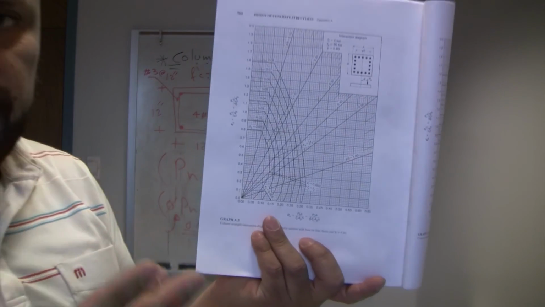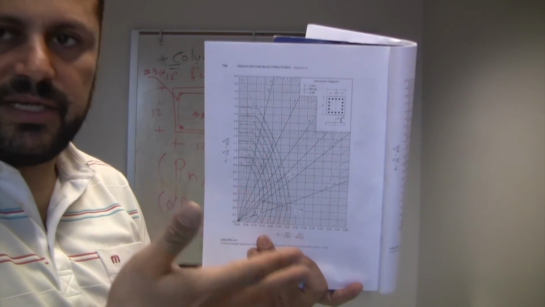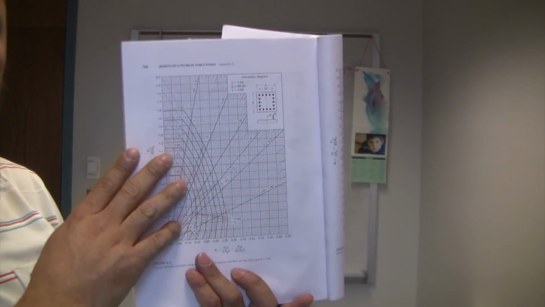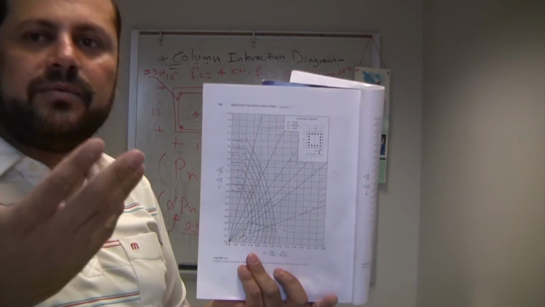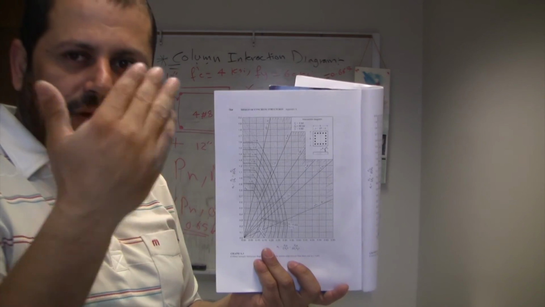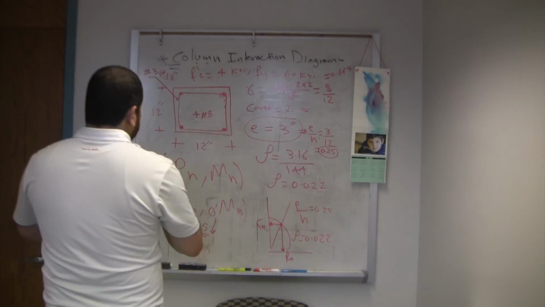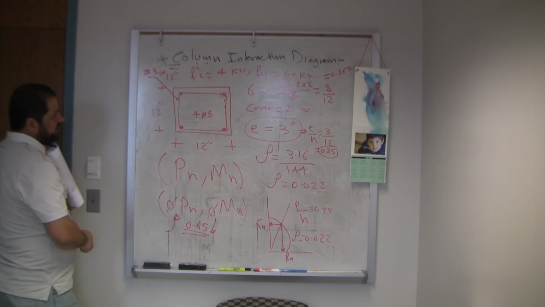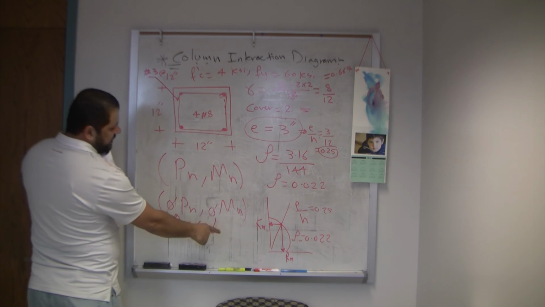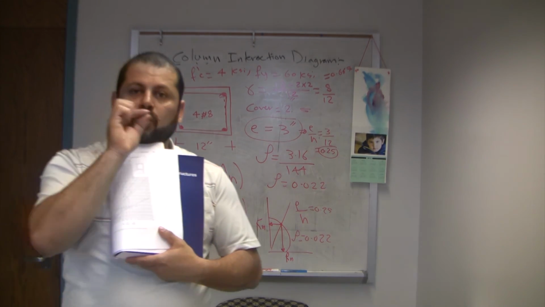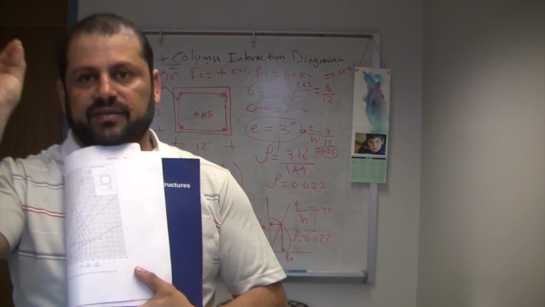Be careful, as I mentioned in the lectures, Rn is very sensitive, so try your best to get the actual value for Rn, and if you want, round it a little bit below the value that you get, because Rn will be multiplied by a large value, which is A gross, h and f'c. So a small difference in Rn gives you a higher difference in the moment.